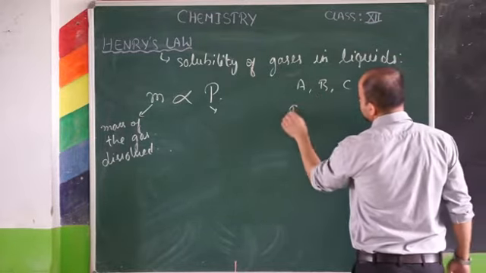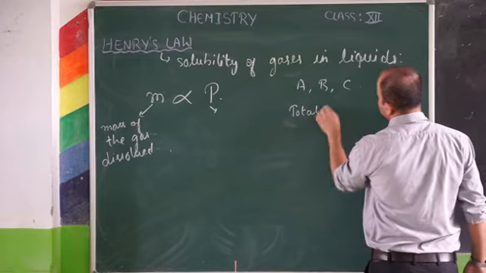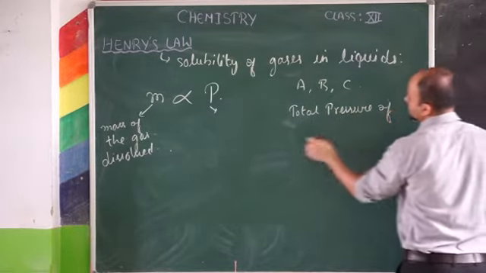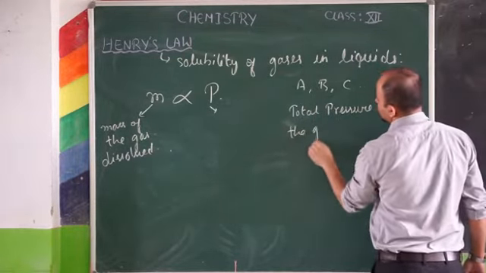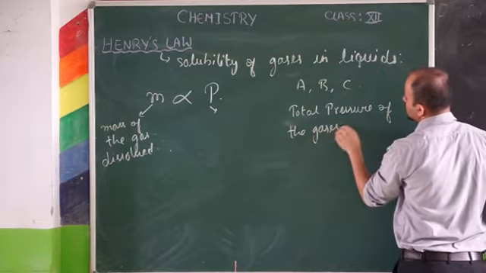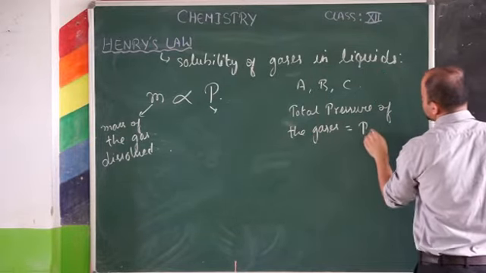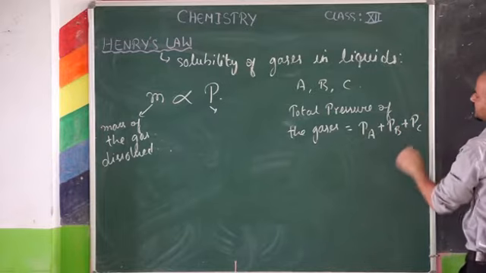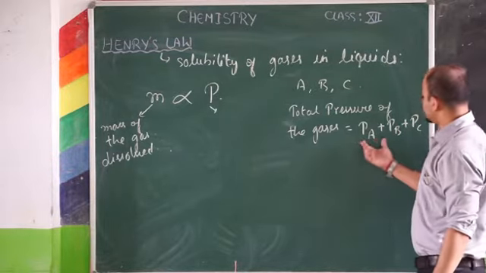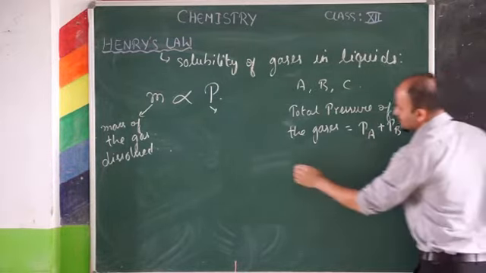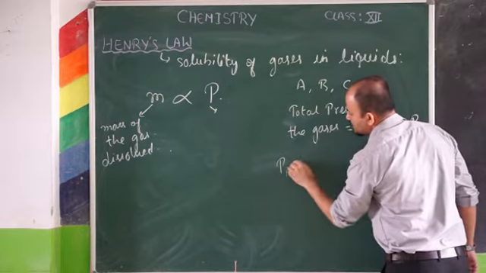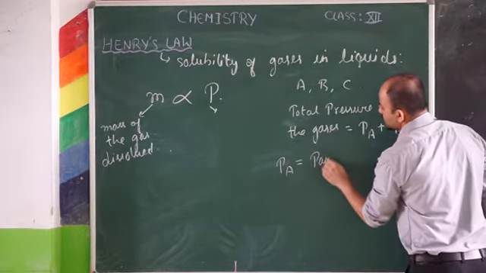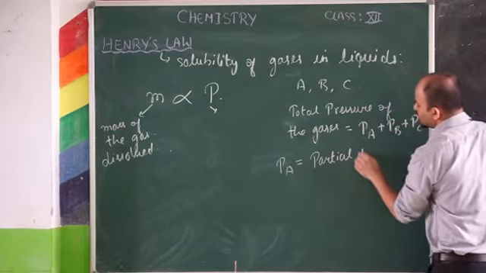The total pressure of all the gases will be equal to the pressure of A plus the pressure of B plus the pressure of C. Now PA is the pressure of A only, therefore it is known as the partial pressure of A.